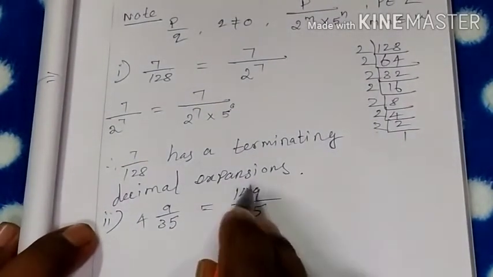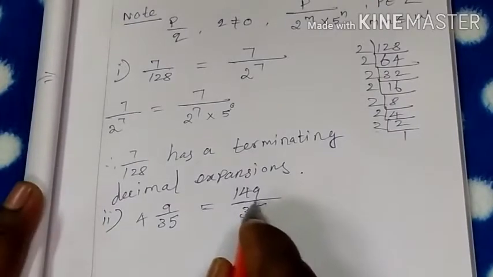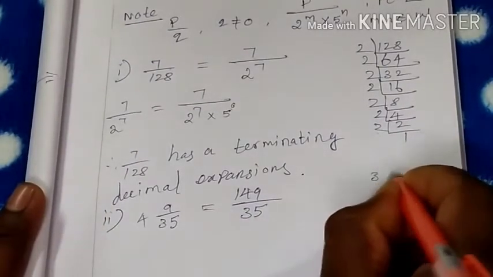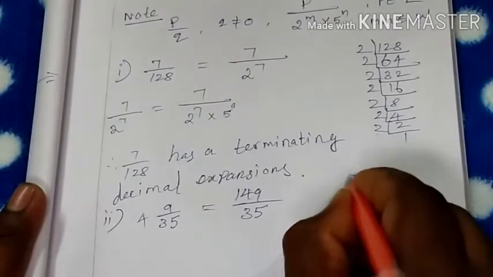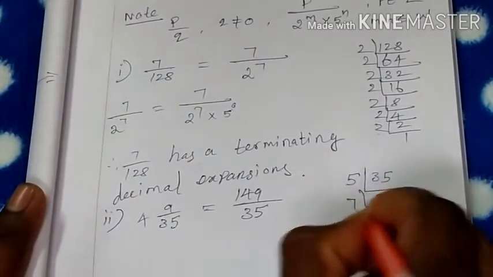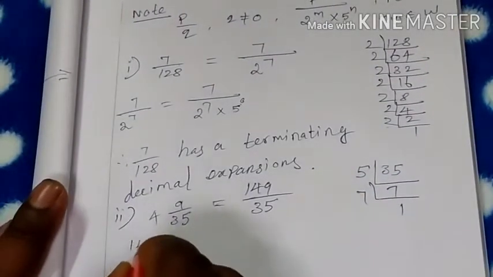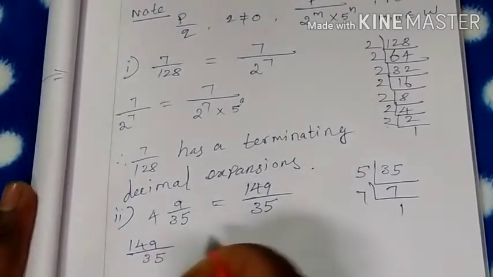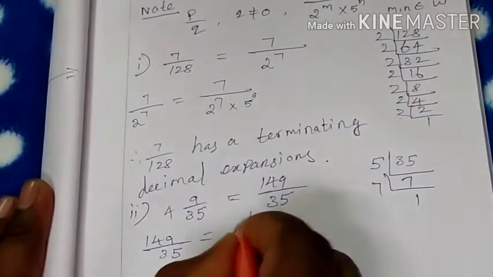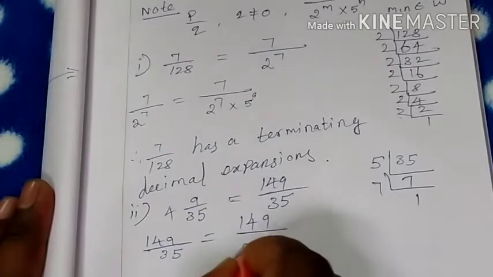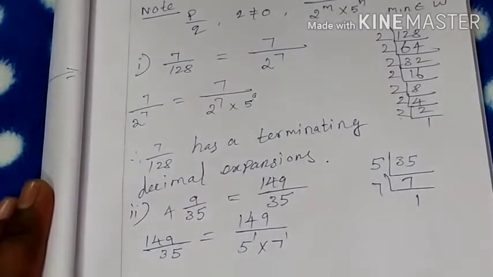Now we get the p by q format. So factorize the denominator 35: 5 7s are 35, 7 1s are 7. So 149 divided by 35 can be written as 149 divided by 5 power 1 into 7 power 1.